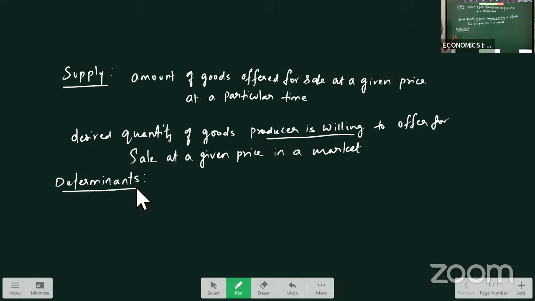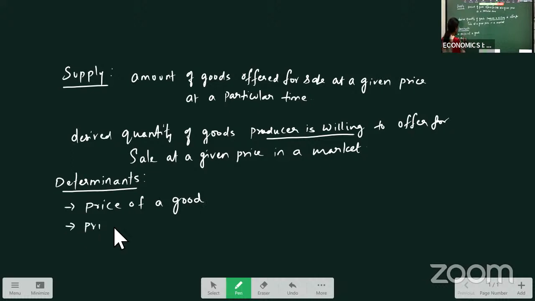So, the first determinant is price of a good. As the price is more, he will supply more quantity because the producer wants profits. So, as the price is high, supply will be high. If the price is less in the market, he will not supply the total quantity. He will keep it as stock. So, price of a good determines the supply of the commodity.